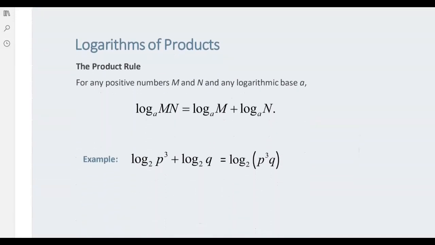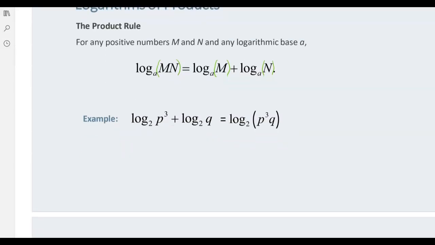The first property we'll look at is the product rule. It's showing us that if we have two numbers that are multiplied together as the argument, or again, what we're taking the log of, we can separate them into two logs with the same base, and we use an addition sign between them.